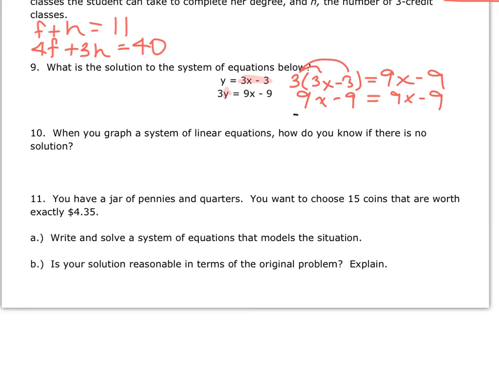So if I subtract 9x from both sides, I get negative 9 is equal to, oh wait, that cancels there too, right? Negative 9. So if those are equal, do I have just one solution? No. How many solutions do I have? Infinitely many.